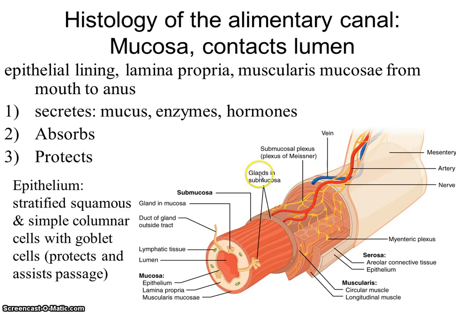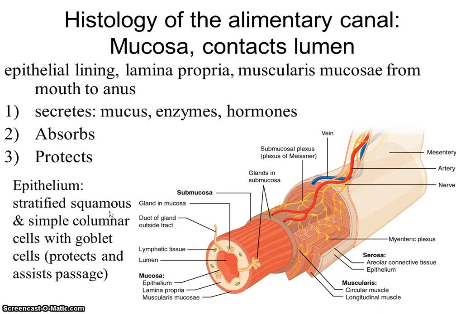All right? So we look at the epithelium specifically to try to understand. It's going to be the thing that changes the most, the mucosa and the epithelium mucosa throughout the tract. So I say here you get stratified squamous, and we put that where we want to protect things. So this would be the oral cavity, the esophagus, pharynx, okay?